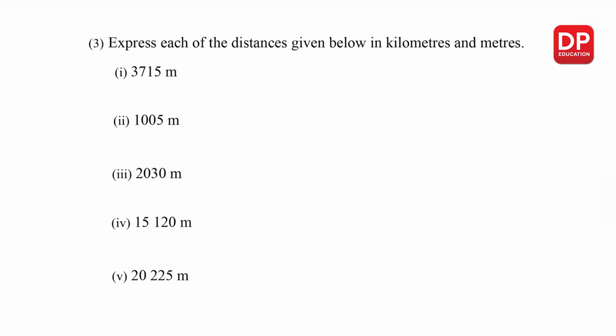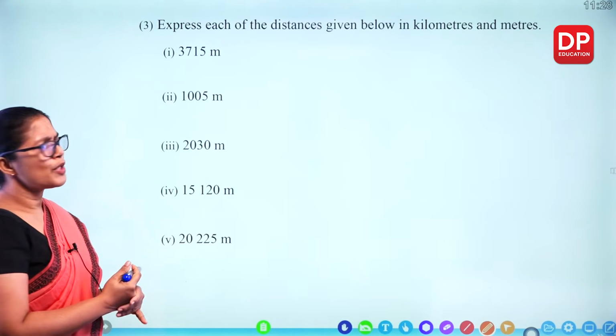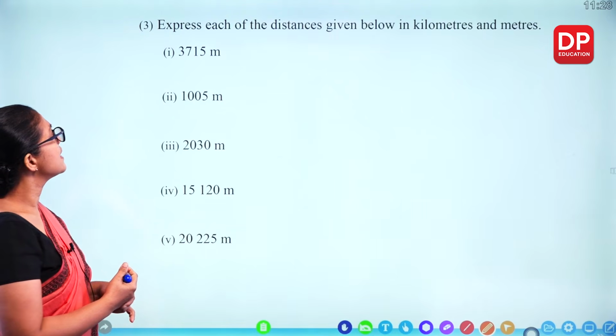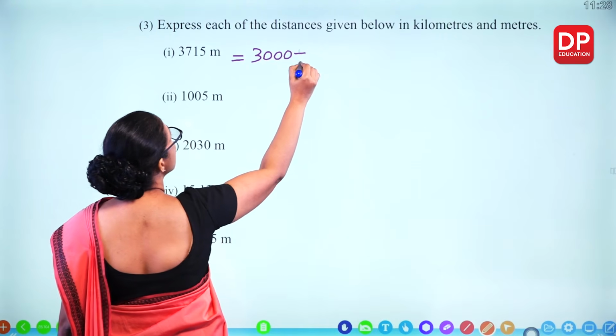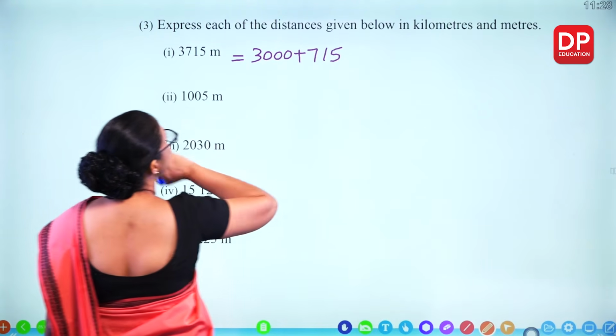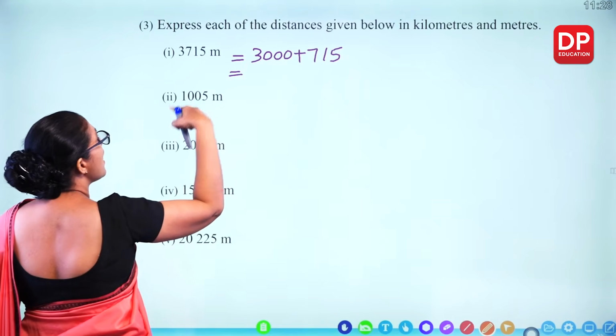Express each of the distances given below in kilometers and meters. So what we do? You can split it. Split this one, 3000 plus 750. 3000 I can divide by 1000.